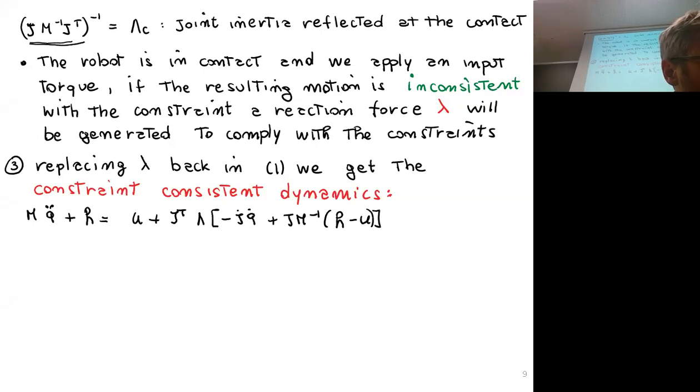Okay. And then if we make all the terms explicit, we can see that something very cool happens.